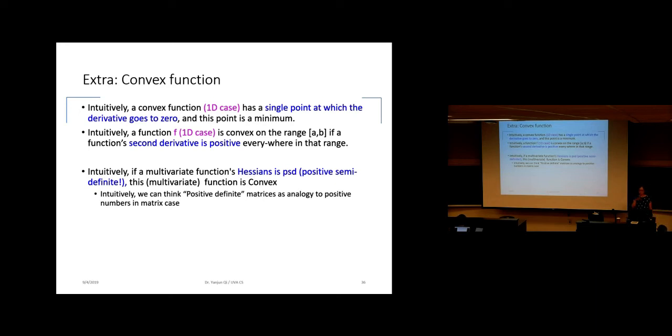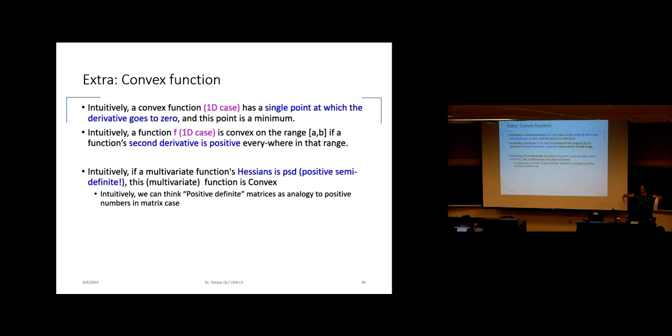Questions about this? This is a little extra, but I hope it can be useful to some of you, to help you understand it more deeply. So again, this loss function is good. It can be easily solved, and at the same time, it also has good properties.